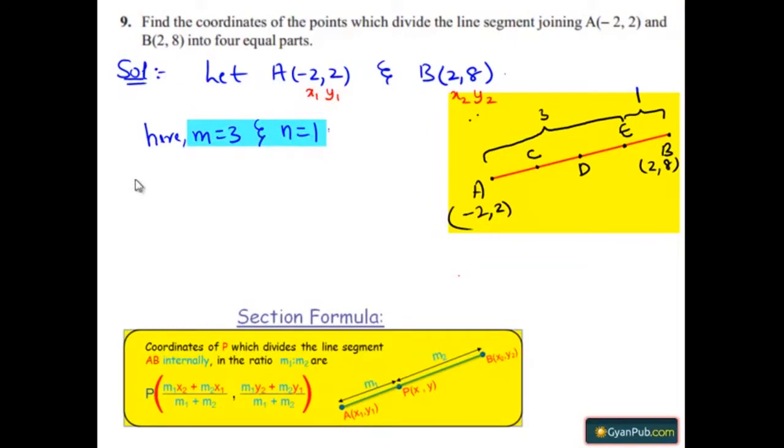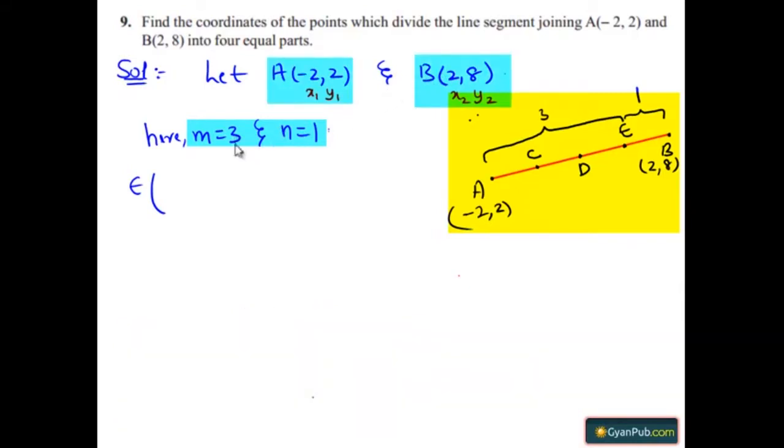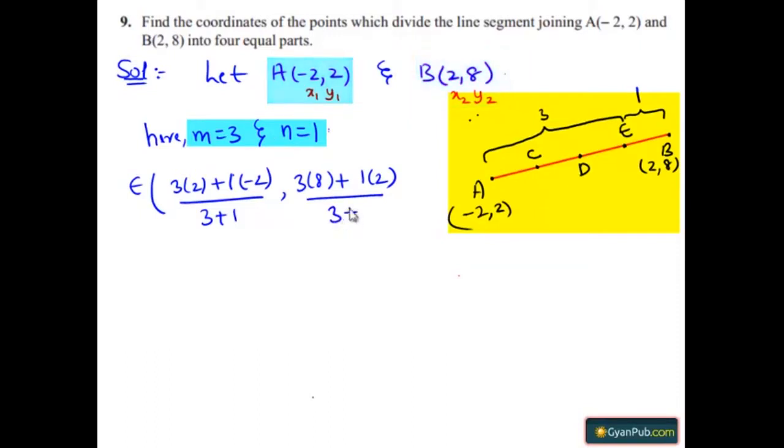The coordinates of point E will be mx2 plus nx1, that is 3 times 2 plus 1 times minus 2 whole divided by m plus n, that is 3 plus 1, comma, my2 plus ny1, that is 3 times 8 plus 1 times 2 whole divided by m plus n, which is 3 plus 1.